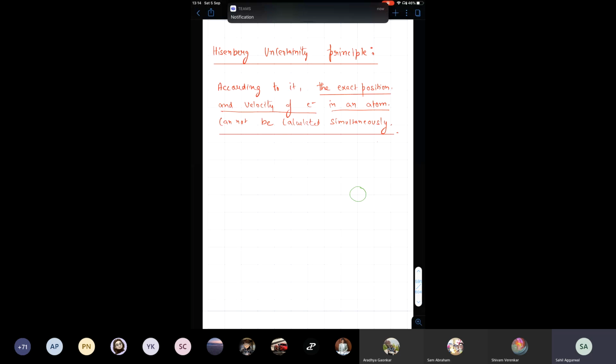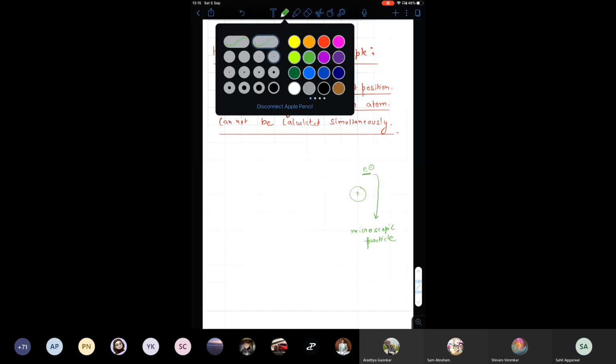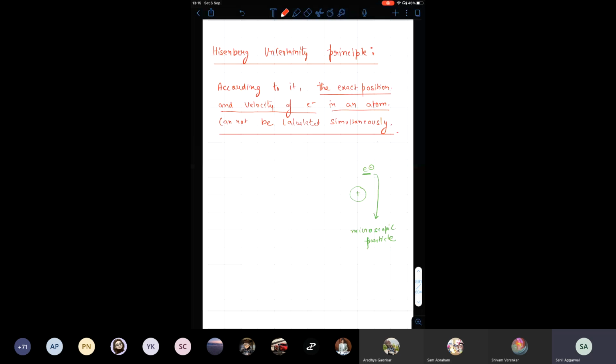For example, this is the nucleus, and here somewhere we have an electron. If you try to locate this electron, it is a microscopic particle. You cannot locate it with the naked eye.